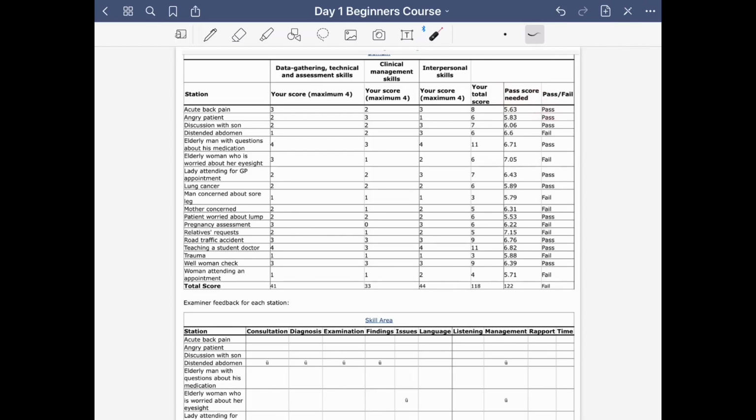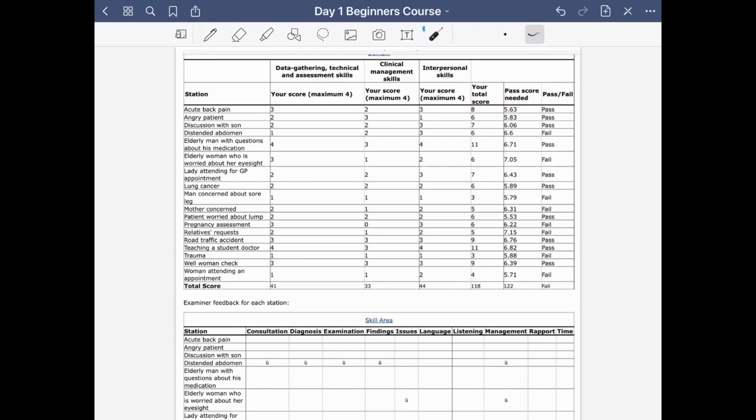For example, in this candidate, in station number 1, acute back pain, he scored 3 out of 4, 2 out of 4, and 3 out of 4 in the respective domains. The total score he scored was 8, and the pass score needed was 5.63, and he passed this station.